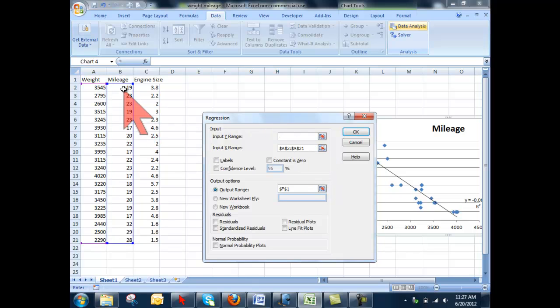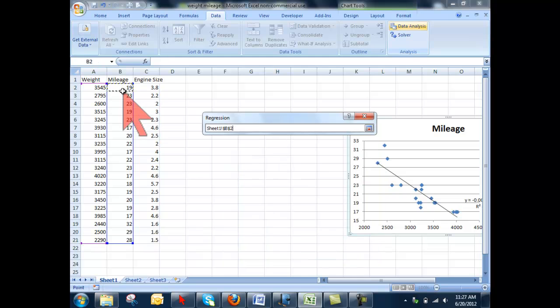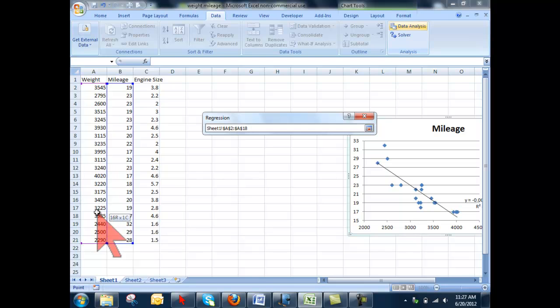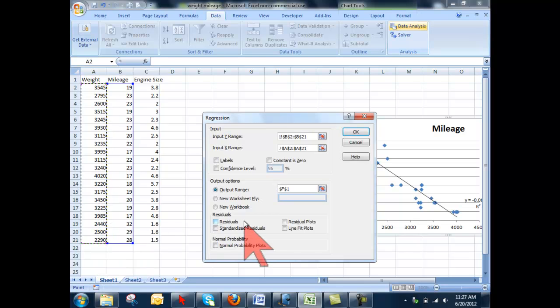I think its choices were correct in this case, but let me show you how to do it. So input the Y range. I'll scroll down through the Y values. Input the X range. Click, hold, drag down. And then the boxes here can remain as given.